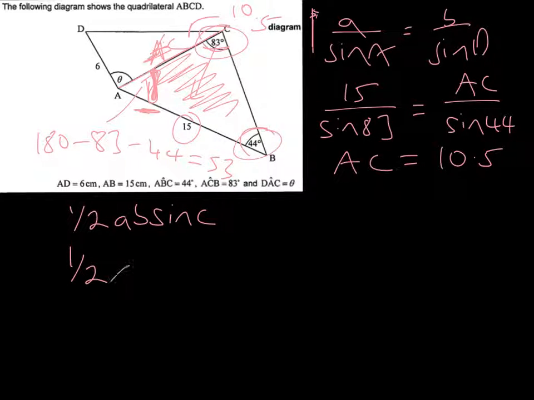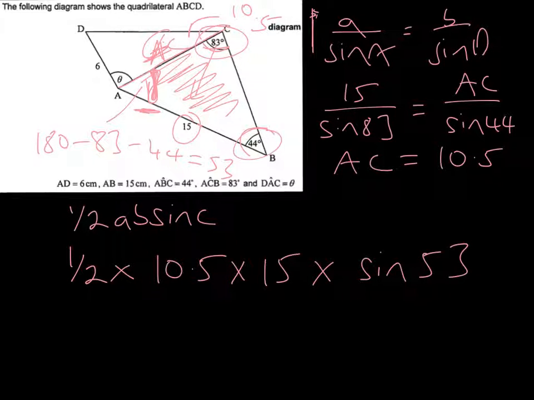So if we do half times this side, which is 10.5, multiplied by this side, doesn't matter which way around you do these, multiplied by the sine of the angle between them, that will give you an area of 62.9 square units.